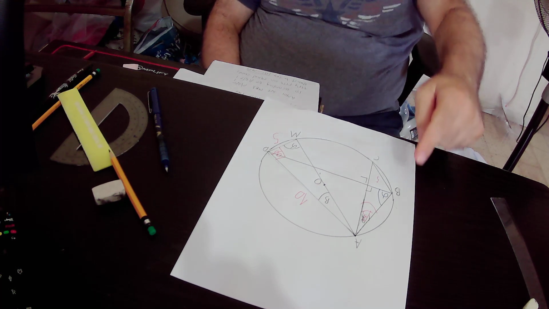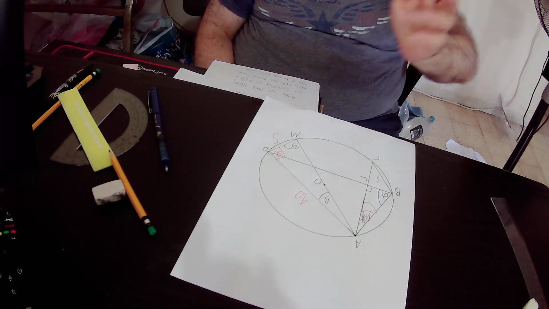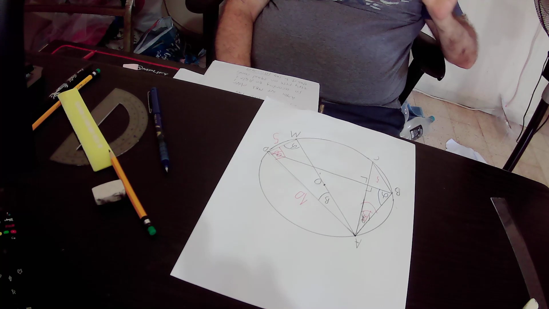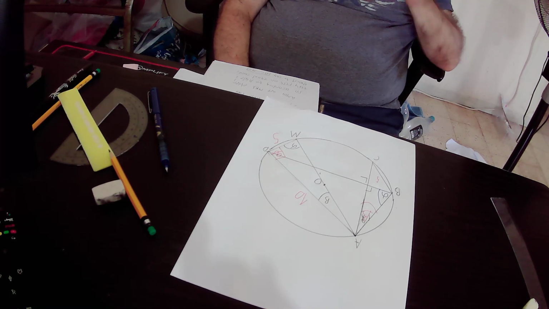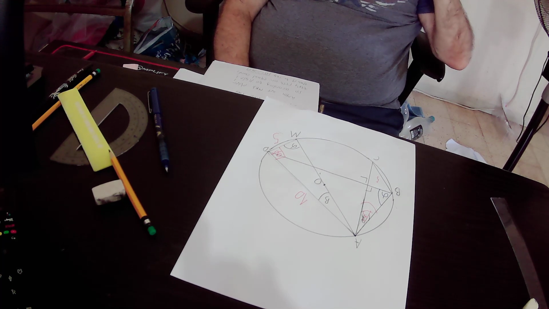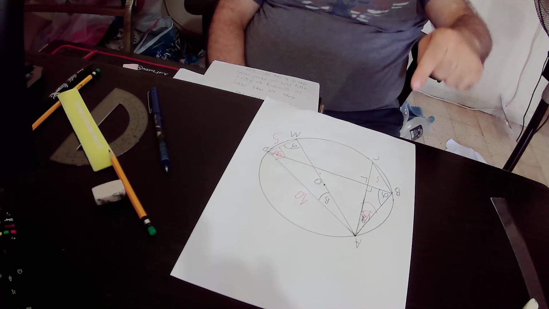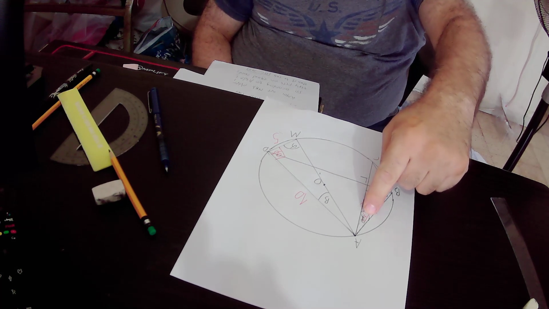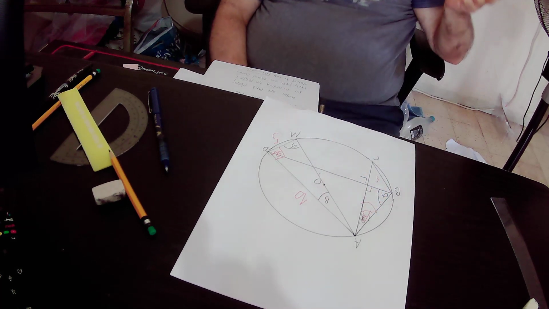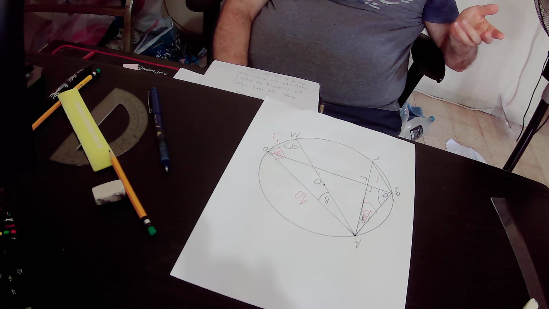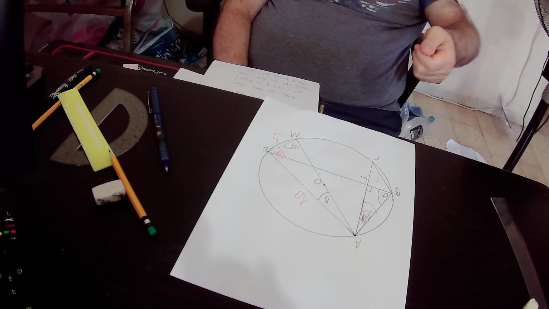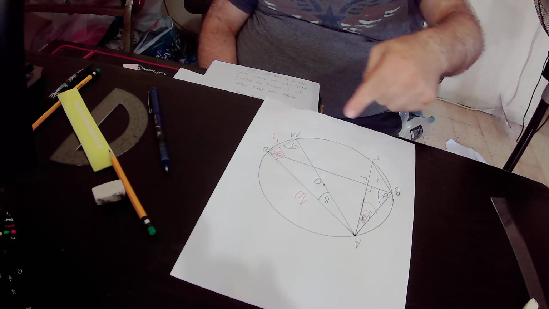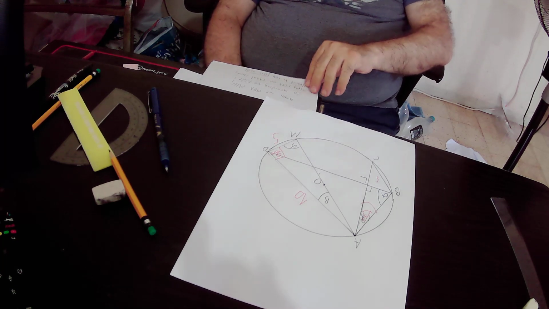That is to say, BC equals MD. In this drawing, we have two peripheral angles that equal each other. This angle is beta and this angle is also beta. So, according to rule number 3, they rest on equal chords. That is to say, BC equals MD. That's all.